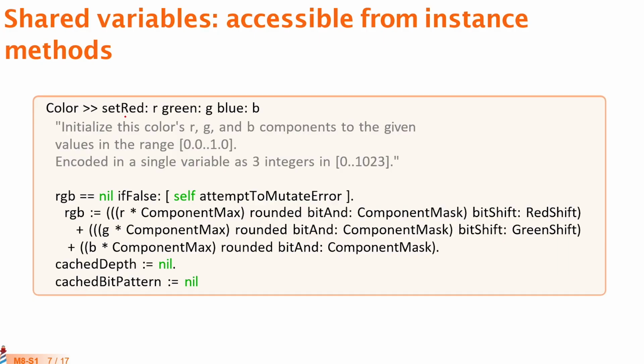So if we look at the code, for example, in these kinds of setter methods, set red, green, and blue, what do we get? We get an instance variable here, and here we see, okay, we can directly access the shared variable that contains certain information so that we can do the bit shift trickery for the encoding of the colors.